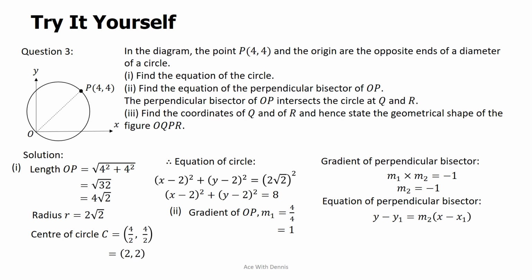So we can apply the formula y minus y1 equals m2 times (x minus x1). Substitute the coordinates of the center, which is (2, 2), into x1 and y1, and the gradient m2 is -1. So the equation becomes y minus 2 equals -1 times (x minus 2). We make y the subject, so the equation of the perpendicular bisector will be y equals -x plus 4.